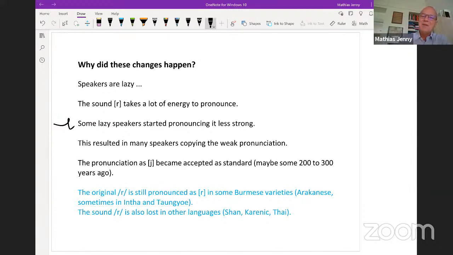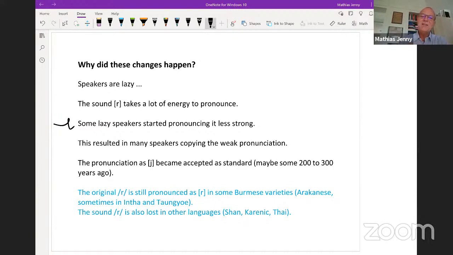At some time, this pronunciation of ya instead of ra became accepted as a standard. So today, saying dwalo yare is not considered bad pronunciation anymore in standard Burmese. But if you say dwalo rade, this would be wrong. So this change has become the standard.